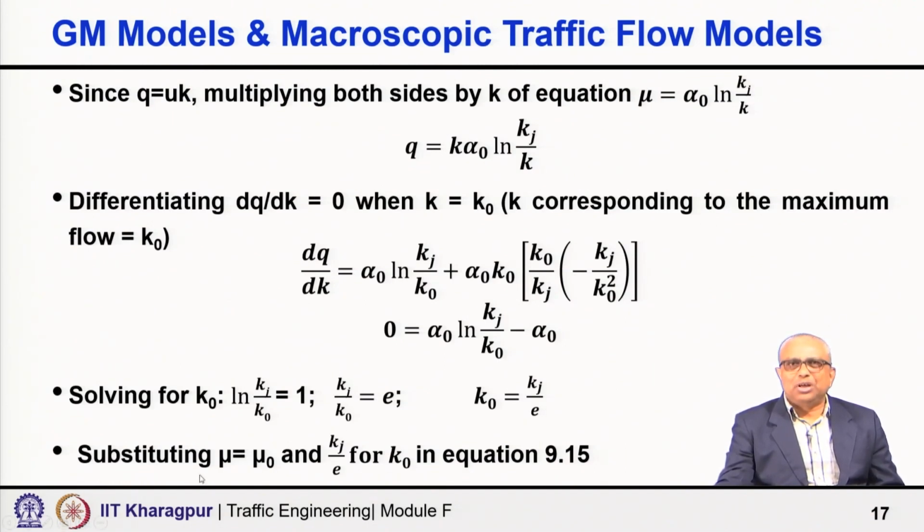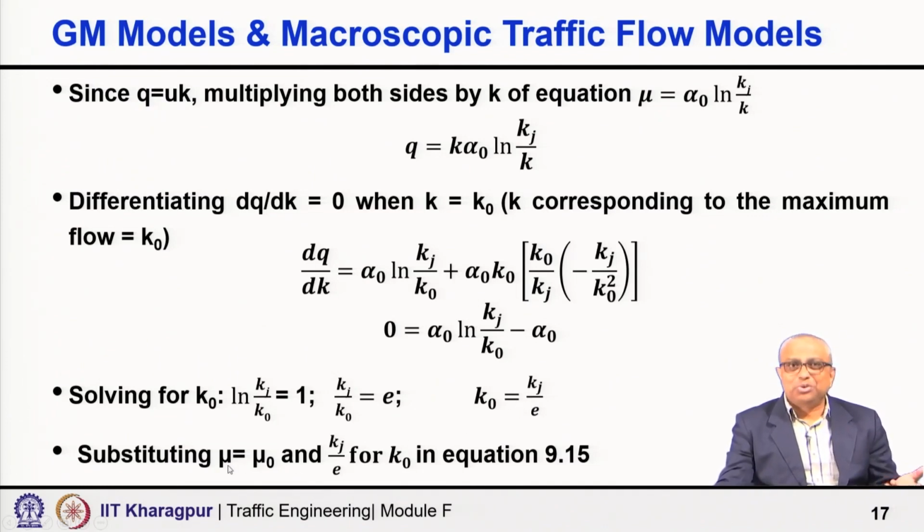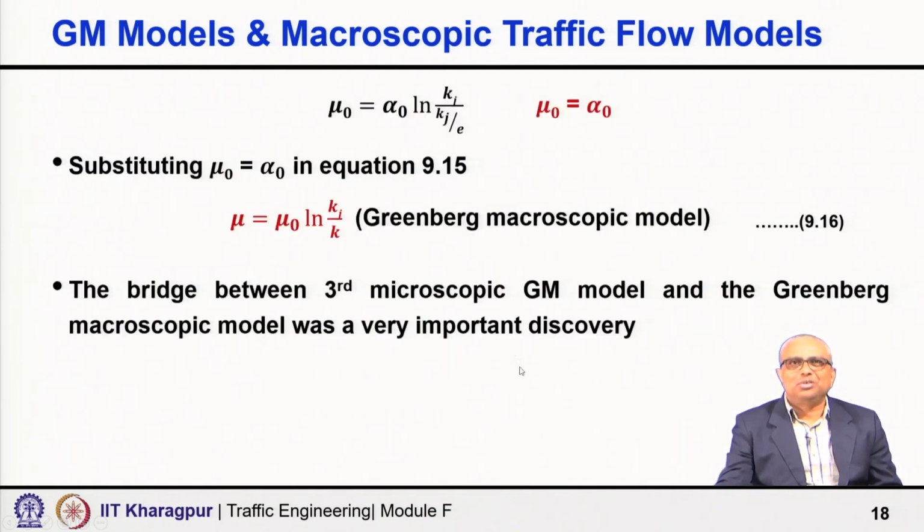Now, go back to equation 9.15, mu equal to alpha_0 into ln(k_j by k). Substitute mu equal to mu_0 and k_0, because that is the capacity point we are trying to understand. What happens then to this equation? Mu equal to mu_0 and k_0 we are replacing by k_j by e. What we get here is mu_0 equal to alpha_0 ln(k_j by (k_j by e)).